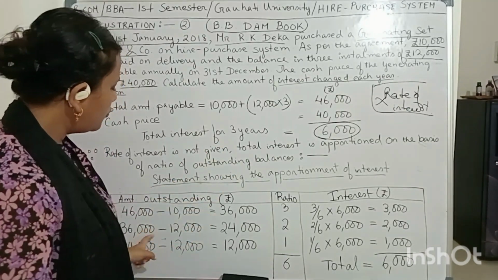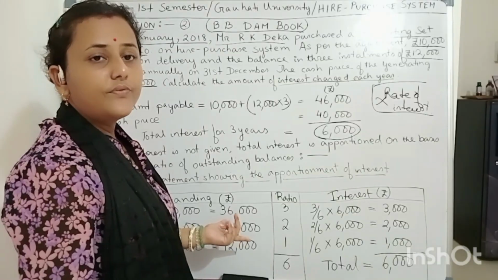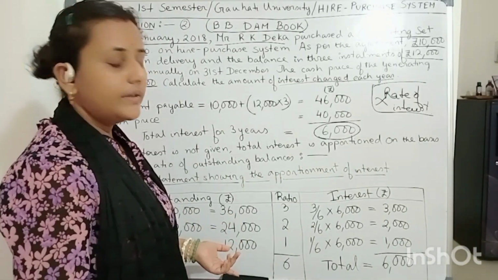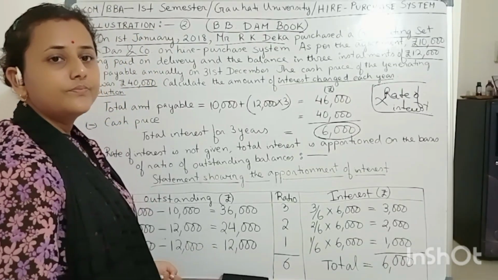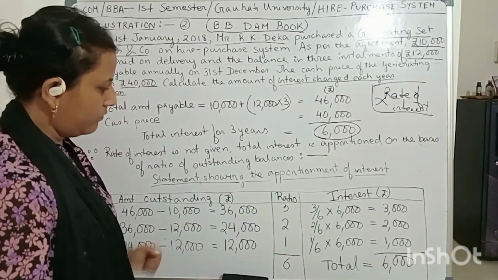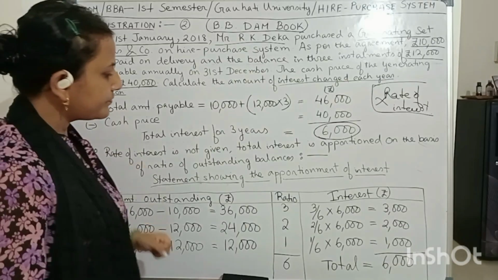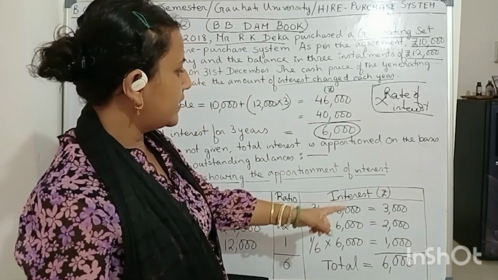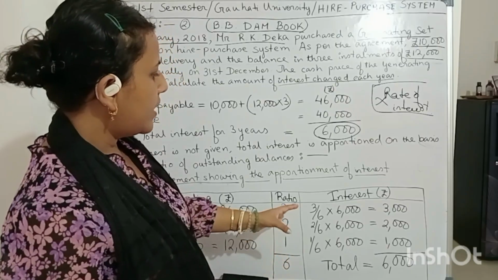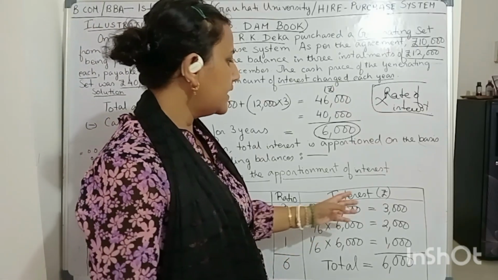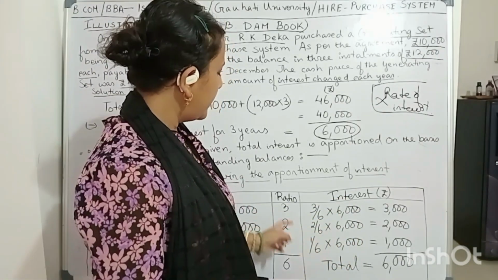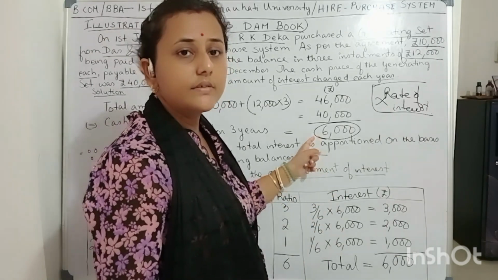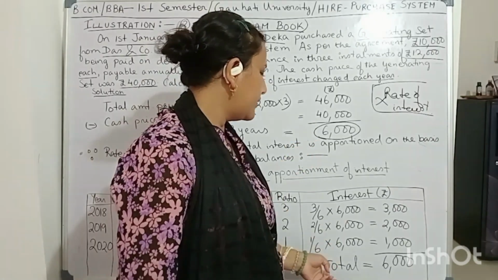Next year, 12,000 was paid, the first installment, and the next year again 12,000, the second installment. This is how the ratio is taken out and the total interest is divided in each year in that ratio.